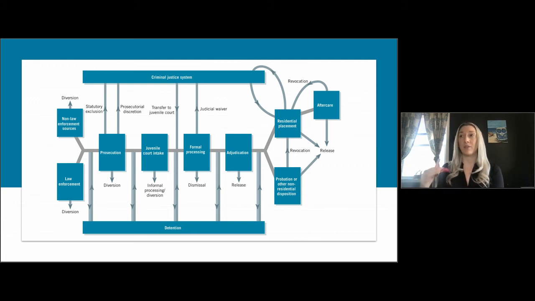However, in the same turn, if you look above to the criminal justice system on the upper half, there's also a number of mechanisms where that case could be transferred to the criminal justice system. Yes, the offense has to be serious enough, and it has to be by one of three mechanisms we'll talk about in a later chapter. But I think it's important to point that out, that not only do we try and pull youth out of the system, but unfortunately, if some of the youth are serious enough, there's a number of ways for them to go into the criminal system.